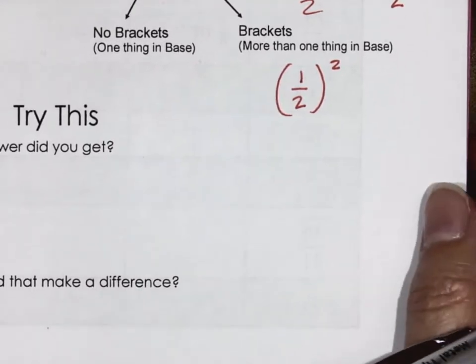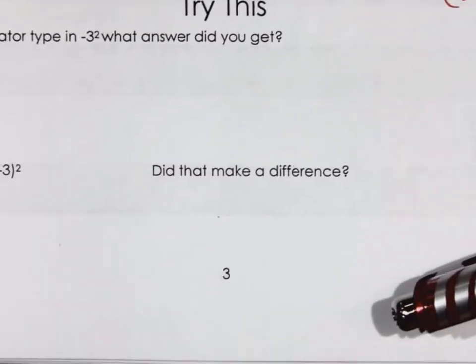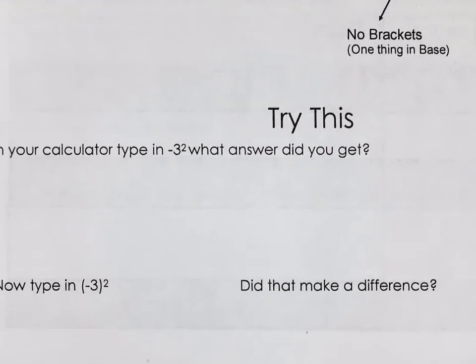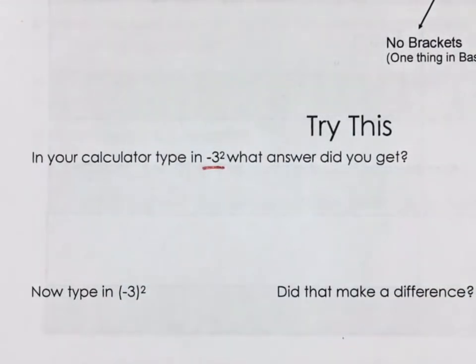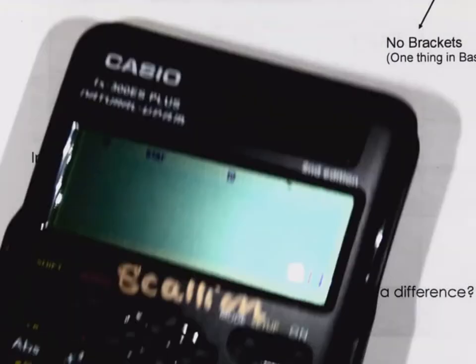All right, calculator time again. I want you to put this in your calculator. -3 exponent 2, and I don't want you to use brackets.